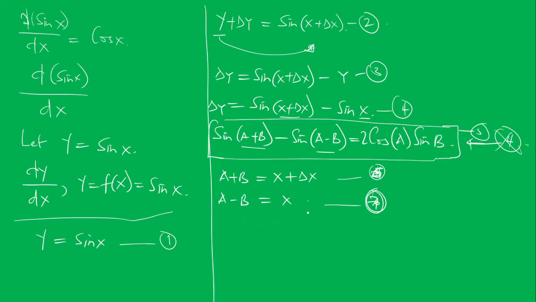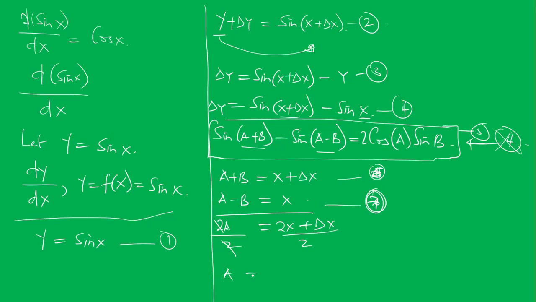So now adding equation 6 and 7 together, you have a plus a, which is 2a, b minus b will give you 0, then x plus x will give you 2x plus change in x. Now dividing both sides by 2, this 2 cancels this 2.